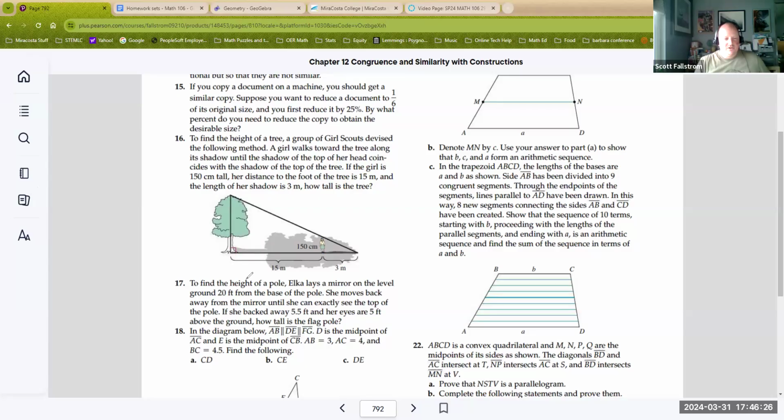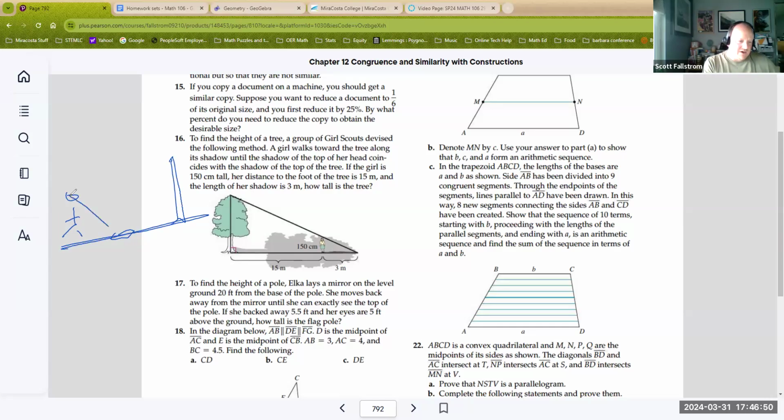This is another one. To find the height of a pole, lay a mirror on level ground 20 feet from the base of the pole. So this one maybe looks a little bit different, but when you draw it out, so person standing, you lay a mirror on the ground, and then here's a pole over here that we're trying to find. Again, the ground is completely level.